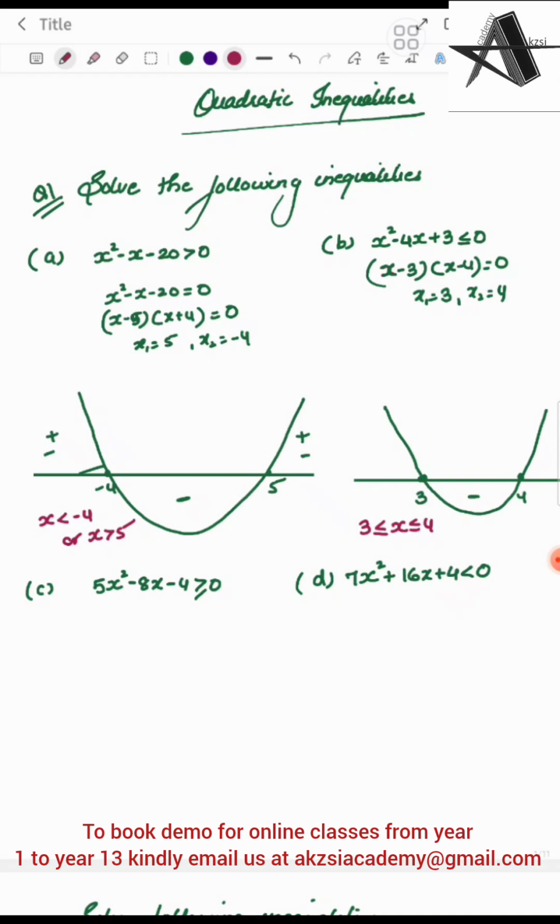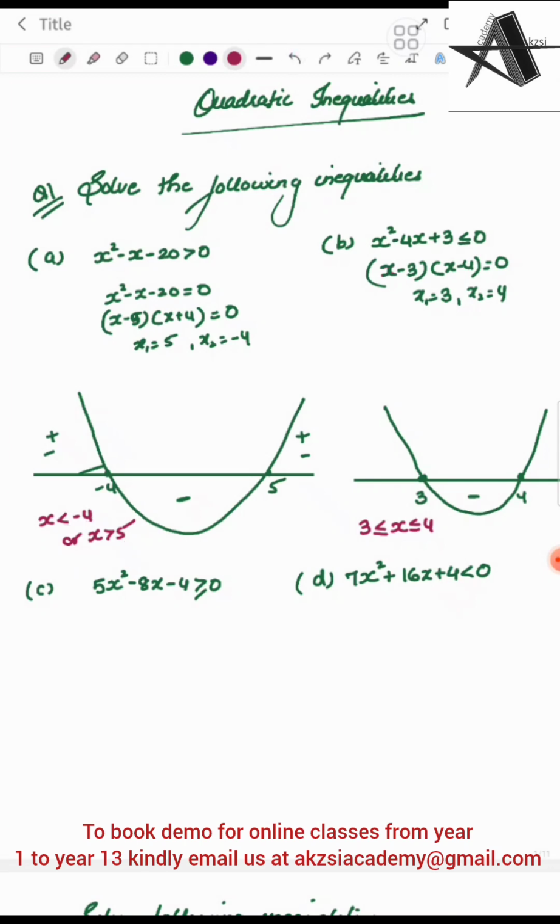Even the inequality sign will depend on your question. It was less than equals to, right? That's why in my range it was equals to. I am including the endpoints. Whereas in the previous inequality it was just greater than. That means we were not supposed to include those values, and that's why there we are excluding negative 4 and 5.